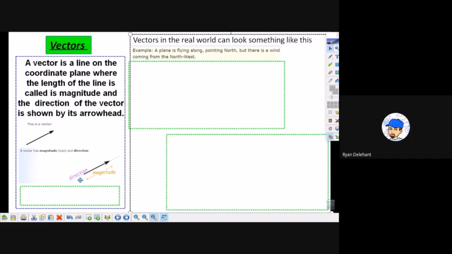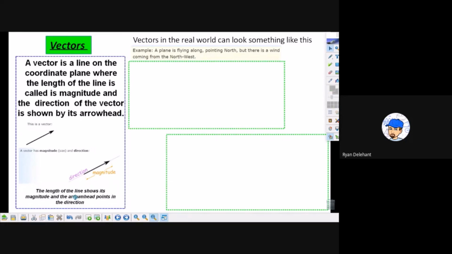Vectors were used in motion, and the direction points, and then the length of it tells you how strong the force is. So the length of the line shows its magnitude, or how strong that vector would be. And the arrow points in the direction that force would be moving.